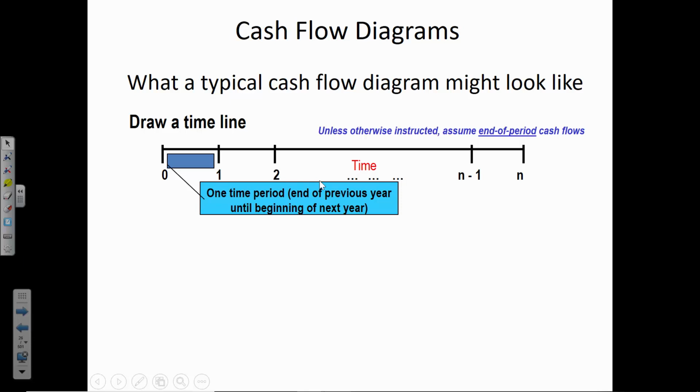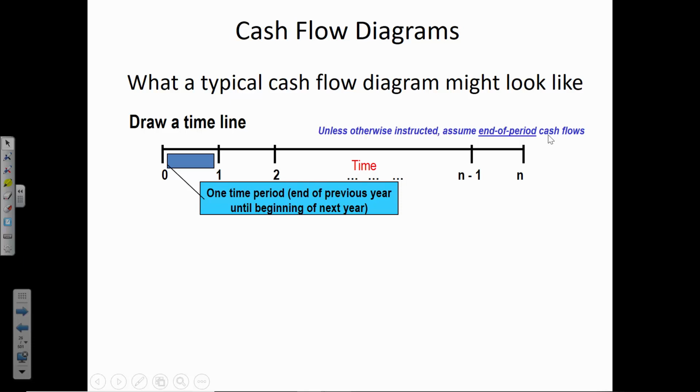So take, for instance, the second year. The second year is from the end of the first, so from line 1 to the end of the second year, which is going to be the beginning of the third year. So the customary assumption when we do cash flow diagrams is you assume end-of-period cash flows. The end-of-period cash flow assumption is a little bit like this.